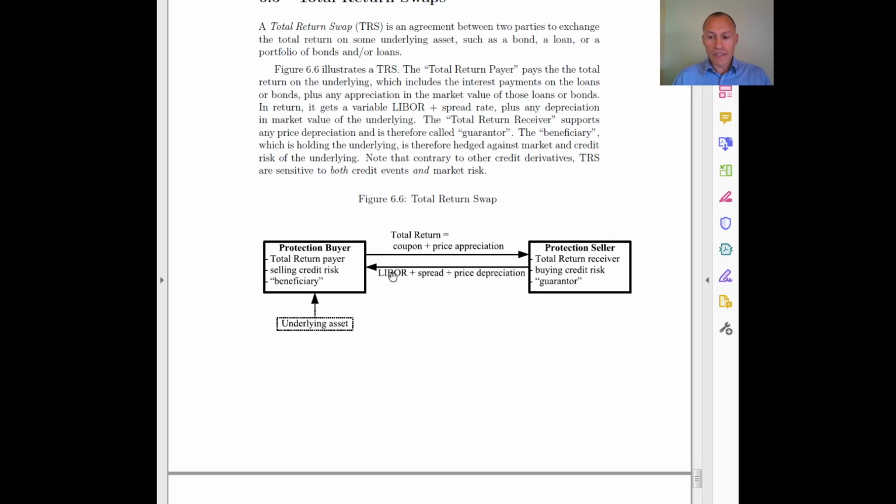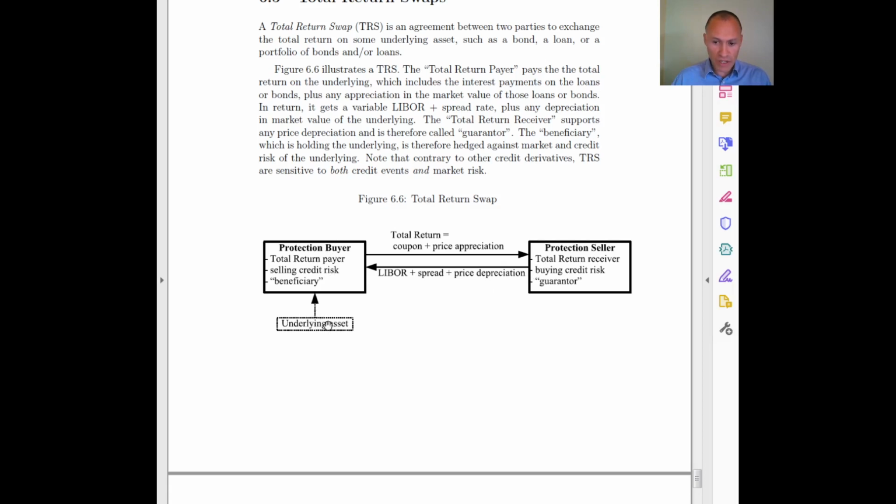In return, the total return buyer receives a floating rate plus a spread. This spread will be the price of this total return swap plus any price depreciation that this underlying asset suffers. So what we're saying is that any price increase goes to the other side, while if there is any price decrease, I get it from the other side.